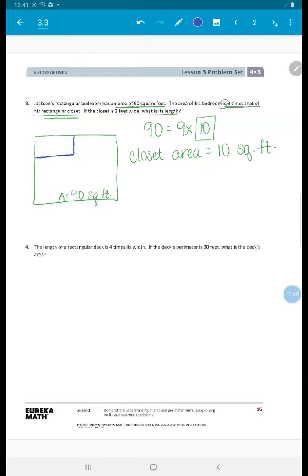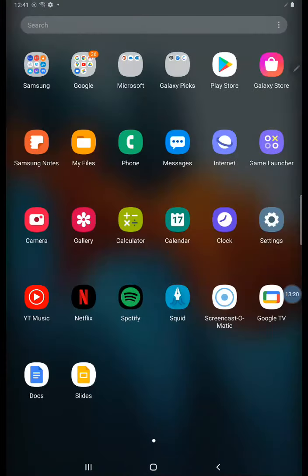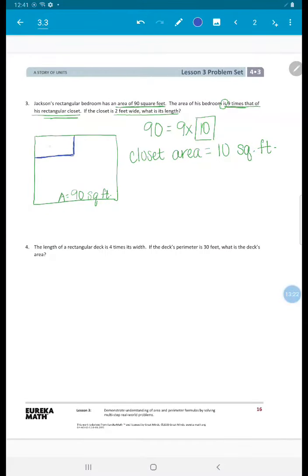I know that the total area is 10 square feet. All of his closet space takes up 10 square feet. I know that it's 2 feet wide, and I'm missing the length.